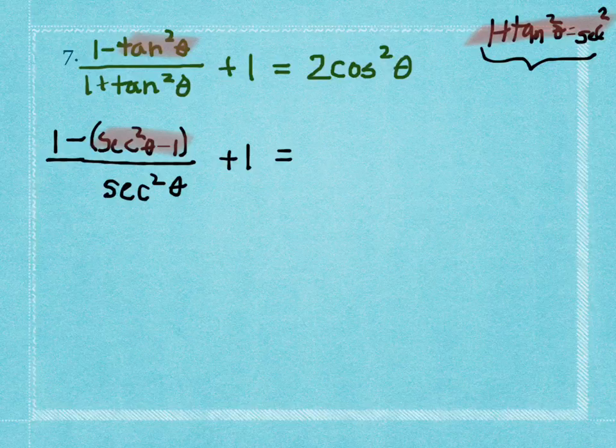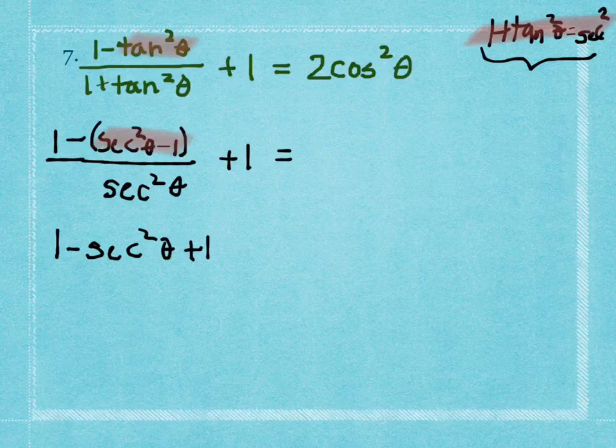Agreed? All right, so I'm going to take what's in the numerator now, and I'm going to distribute the negative and see what happens. Okay, see if I can clean anything up, and hopefully I can. So this is now 1 minus secant squared theta, and then what?